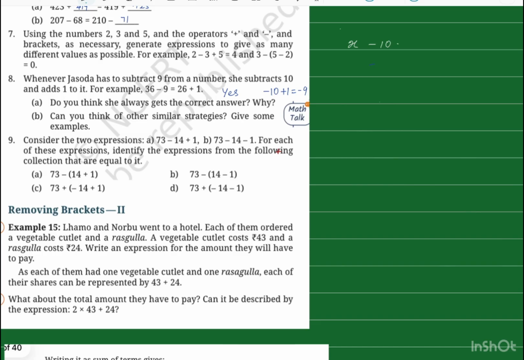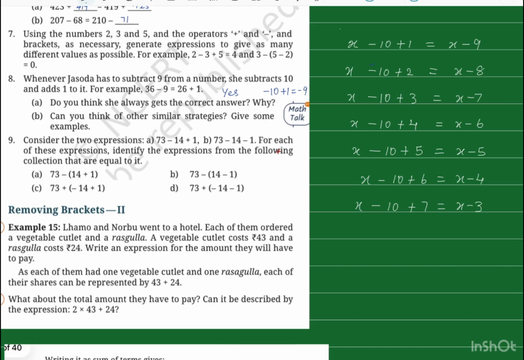So in general we can say that x minus 10 plus 1 is equal to x minus 9, x minus 10 plus 2 is equal to x minus 8, x minus 10 plus 3 is equal to x minus 7, and so on up to x minus 1.